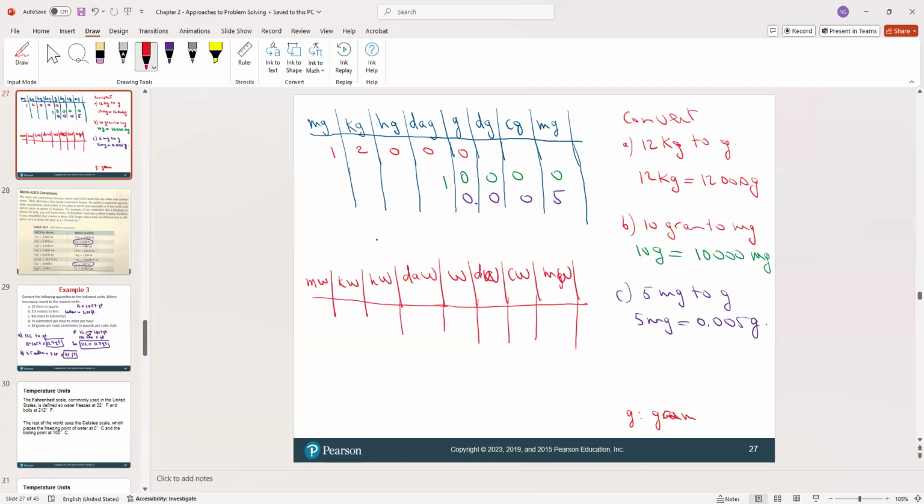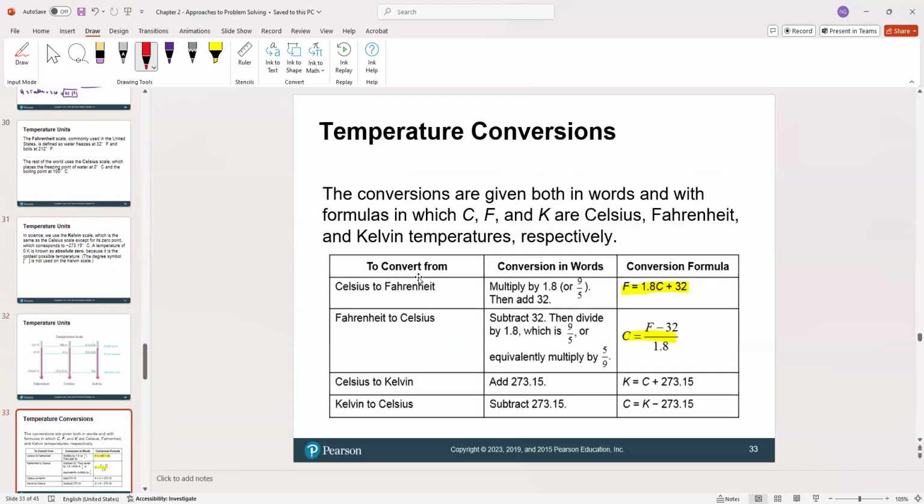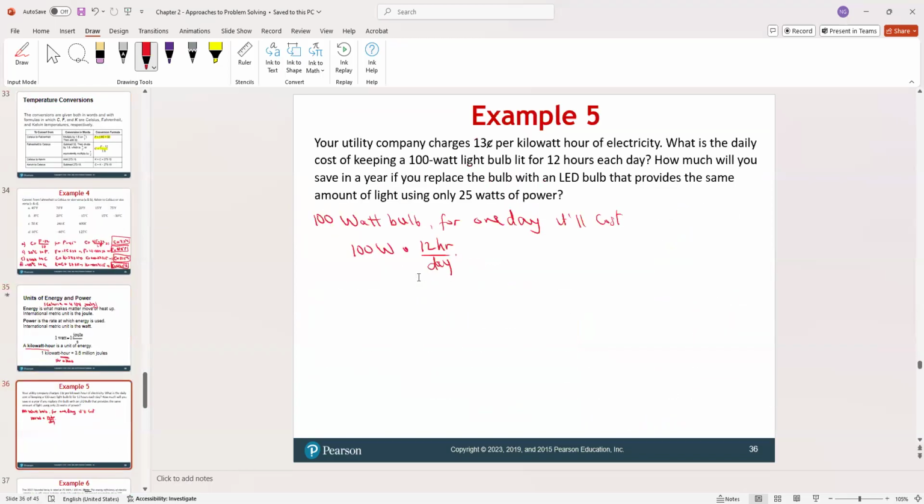If we want to convert 1 kilowatt to watt, we have here 1000. So 1 kilowatt gives you 1000 watt. This table is really amazing once you understand it. So we know 1 kilowatt is 1000 watt.